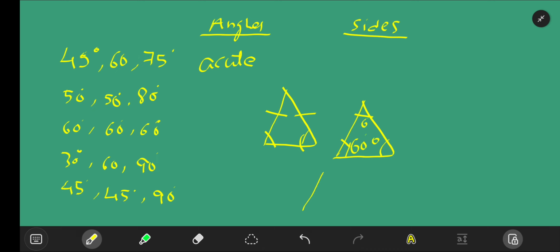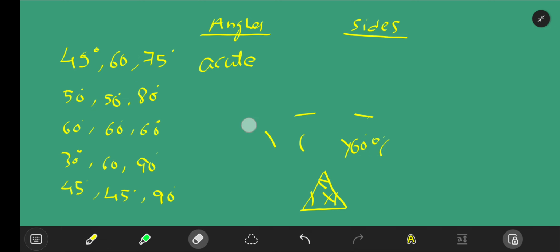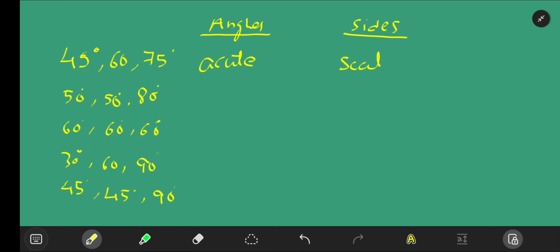But in scalene triangle, no three angles are equal. All are different angles. So here 45 degrees, 60 degrees, 75 degrees, all are different angles. So this is a scalene triangle.